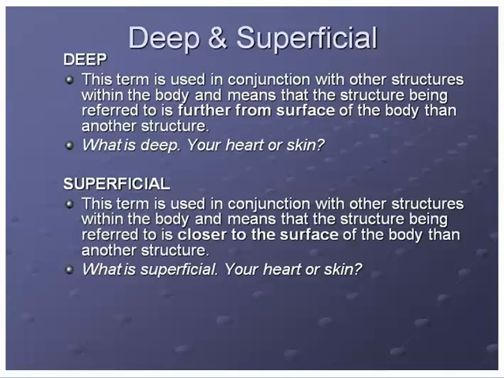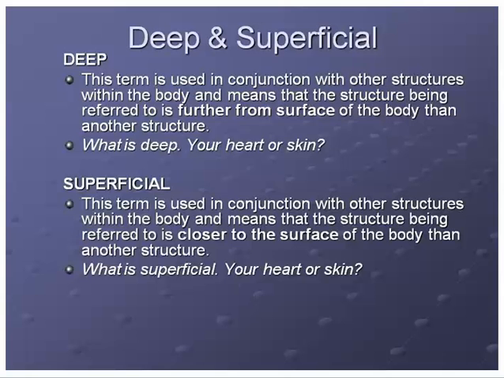We could talk about bone and muscle. Which one is deep? Which one is superficial? So which one, bone or muscle, is deeper within your body? Now it is bone. So bone is deep, and then you have muscle on top of your bone. So muscle would be superficial.